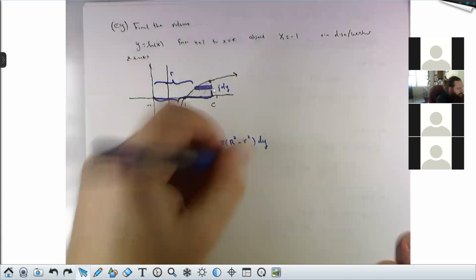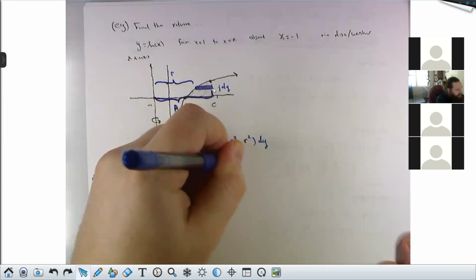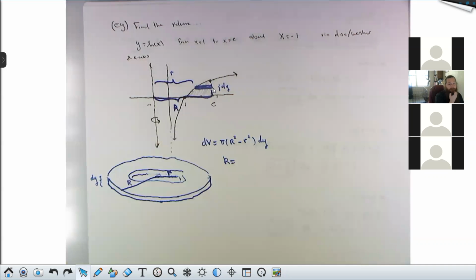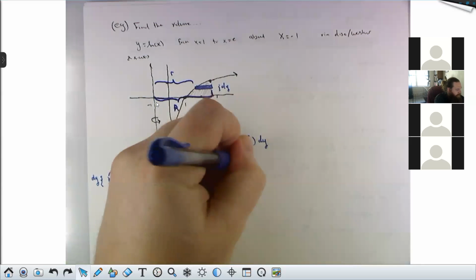Let's do big R first. What is big R? -1 plus e. Almost, almost. We want to take the larger x value and subtract from it the smaller x value. So you're right, it involves e and -1. That would be this minus this: e minus -1, or e plus 1.